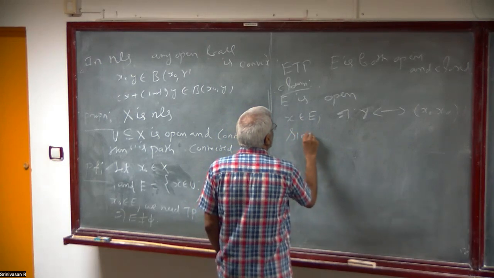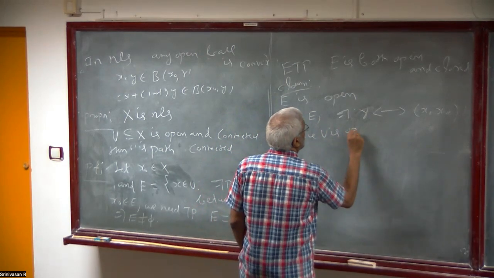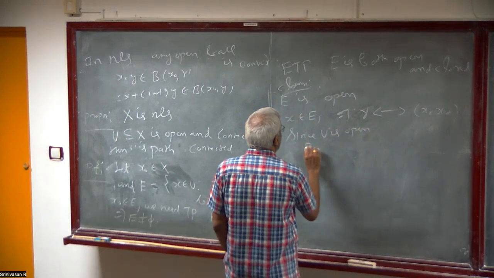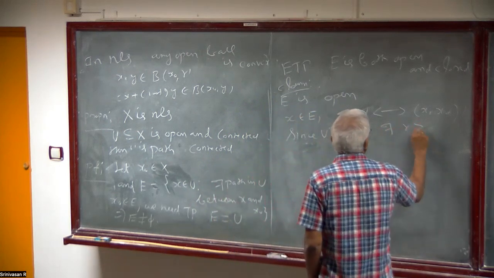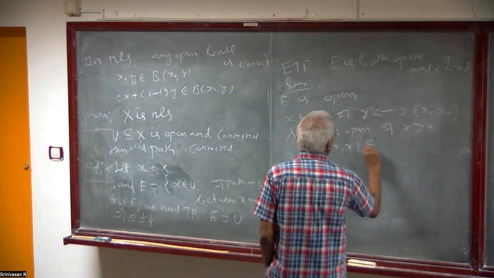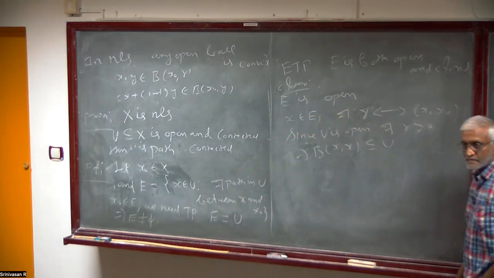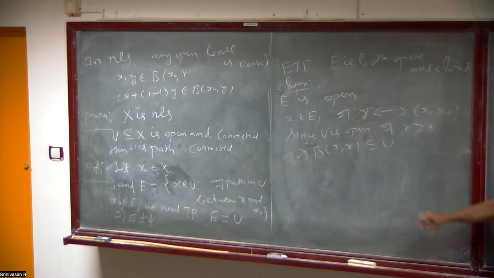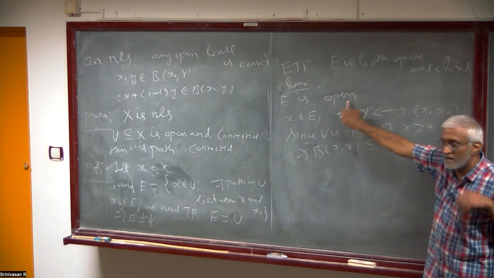Now, since U is open, there exists an r greater than 0 such that B(x, r) is completely contained in U. Now we want to prove that E is open.